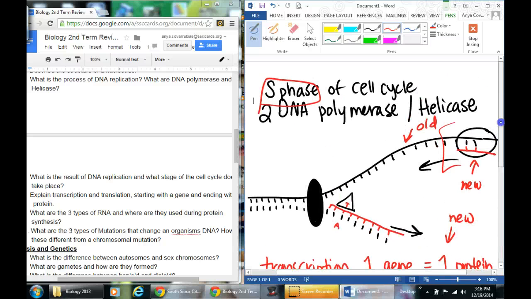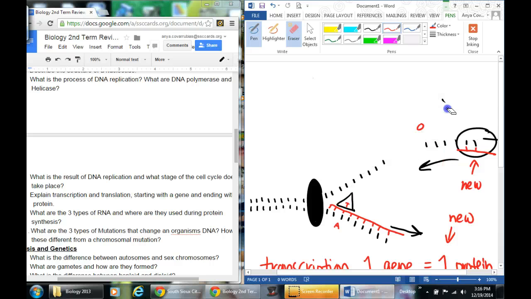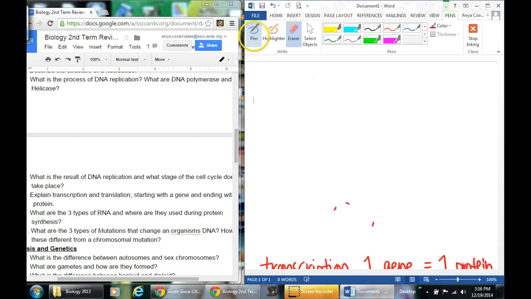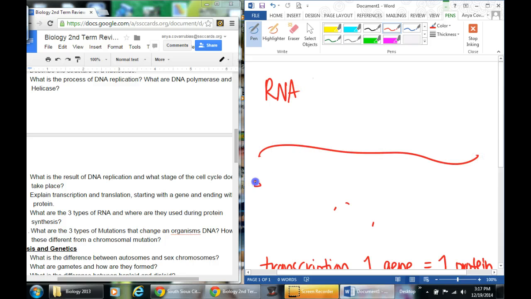And it heads over to what is called editing. So editing is a very important step in transcription, and transcription is going to be finished once that RNA is produced. So we're going to have this long strip of RNA, and editing is going to take place, and it's going to cut out the exons and the introns.